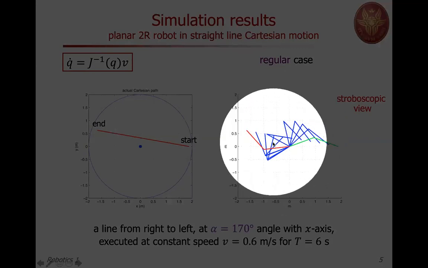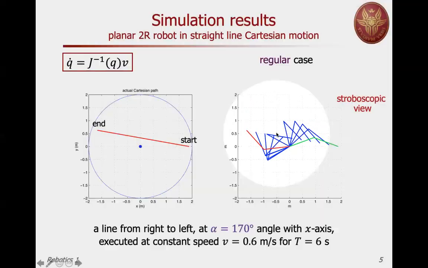At this stage, where my pointer is, you see that there's a kind of reconfiguration. So the robot, in order to keep the end effector on the line, and if you can interpolate the end effector position, you see that this will be the line. There will be a sudden reconfiguration.